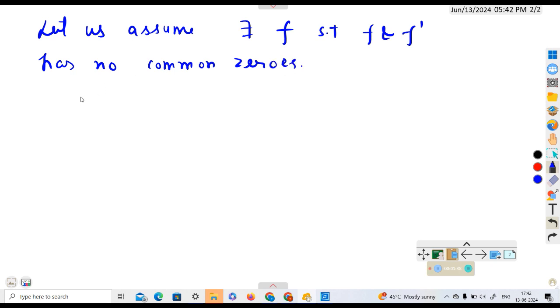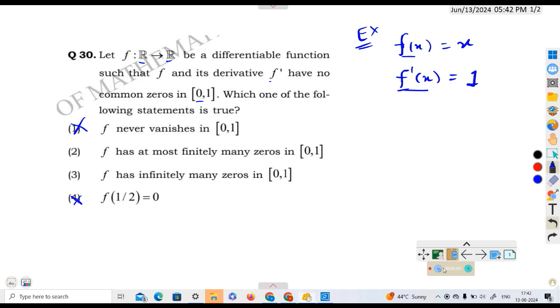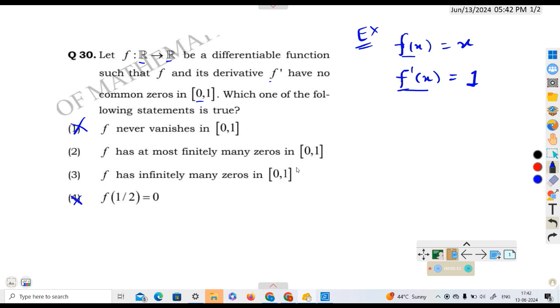And also assume that f has infinite zeros in 0 1. What we are doing is considering this part. We assume that there are infinitely many zeros.